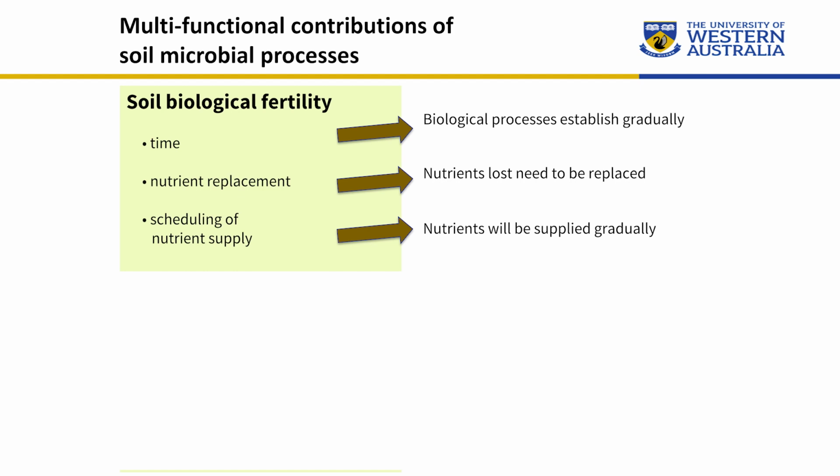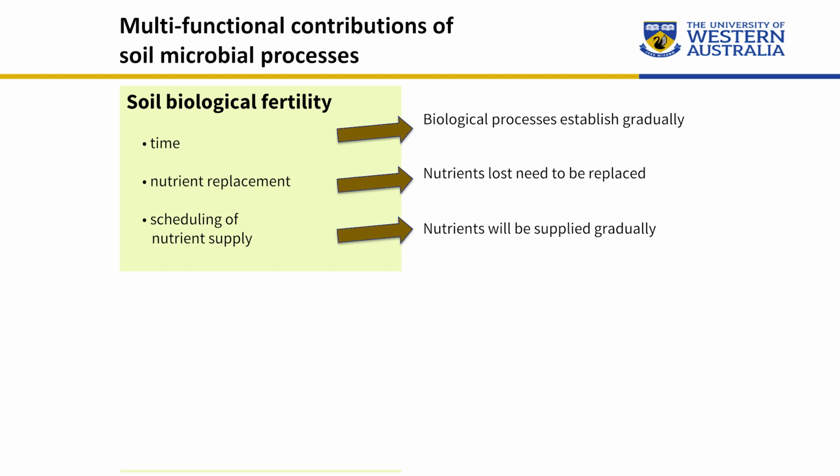It's not going to be instant. It can be about nutrient replacement, so we've heard that from Colin. You can build that capacity so you put less on, but you still have to replace the nutrient needs for the plant. But a more biological base for supply of nutrients also affects the delivery of those nutrients.